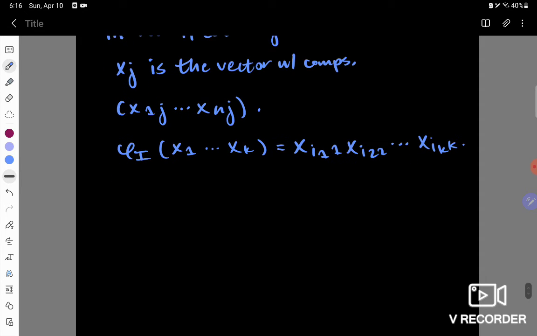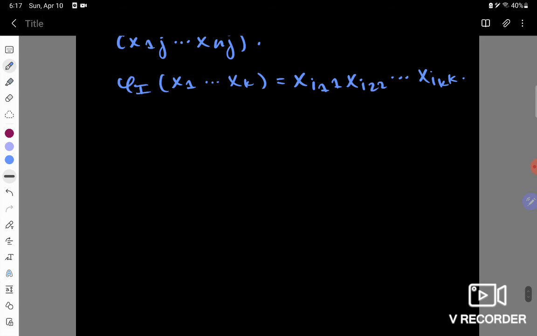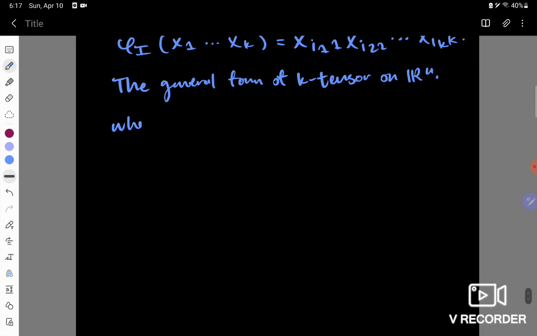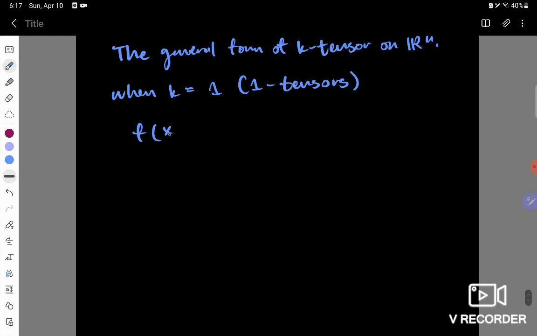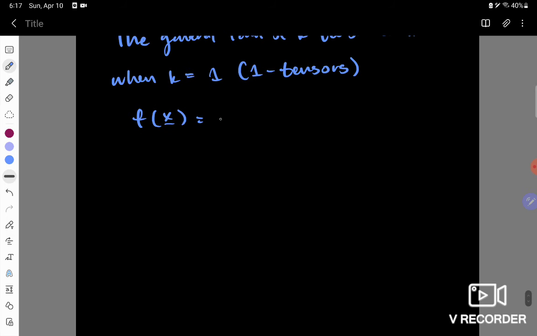And now we look at the general form of a k-tensor on R to the n. When k equals 1, we're looking at 1 tensors. f of x is going to equal, for some scalars d1 through dn, a linear combination here.